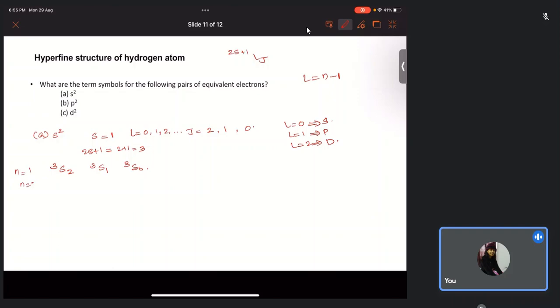If n is equal to 2, then it will be 3P2, 3P1, 3P0. If n is equal to 3, it will be 3P, 3D.